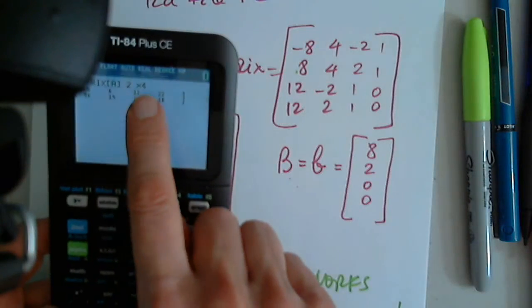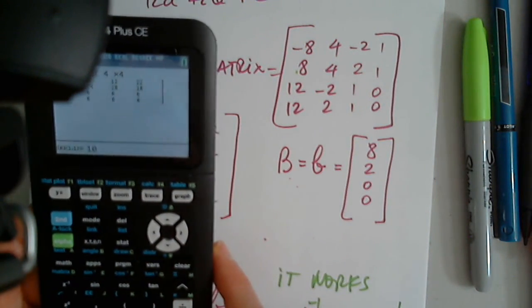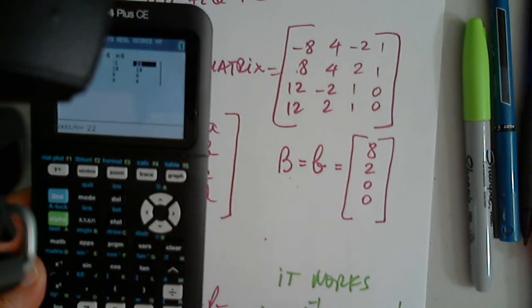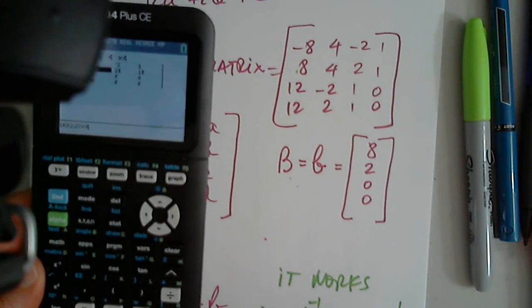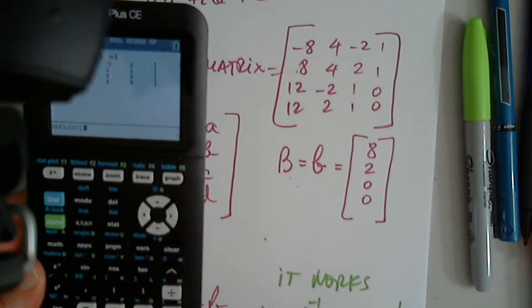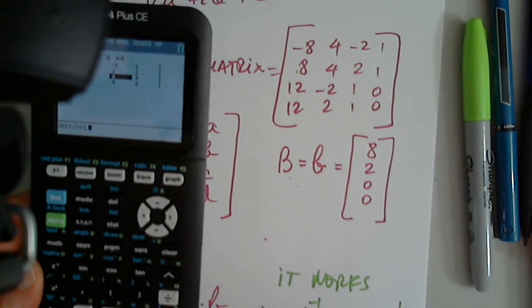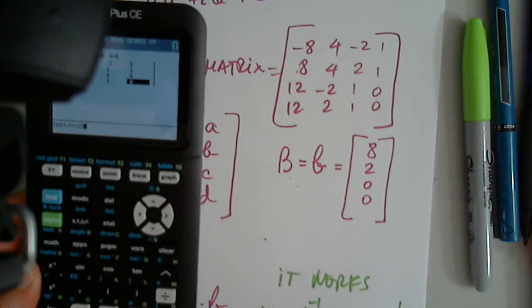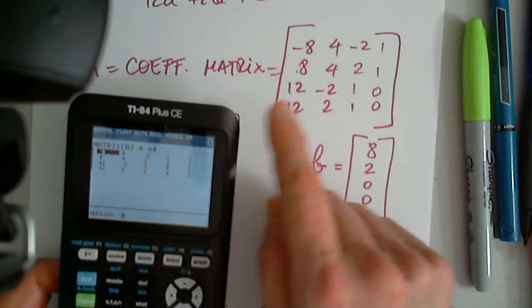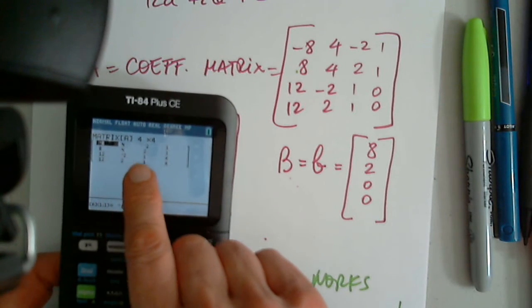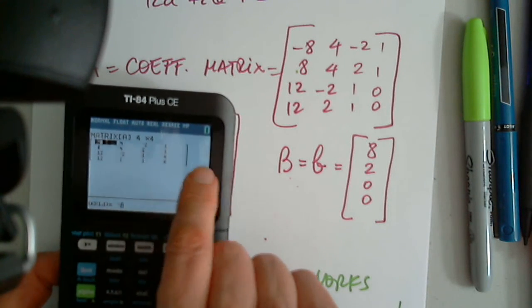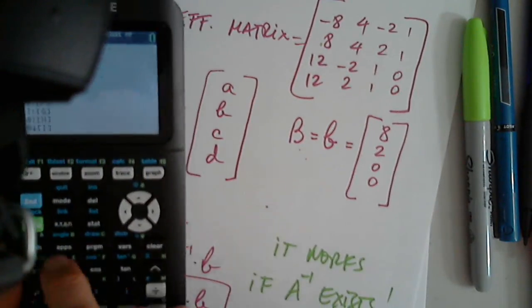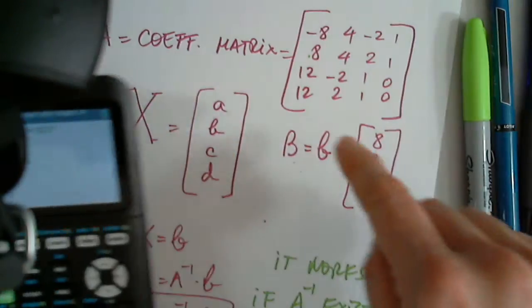And I enter negative 8, 4, negative 2, 1, 8, 4, 2, 1, 12, negative 2, 1, 0, 12, 2, 1, 0. I'm checking my numbers. Yes.